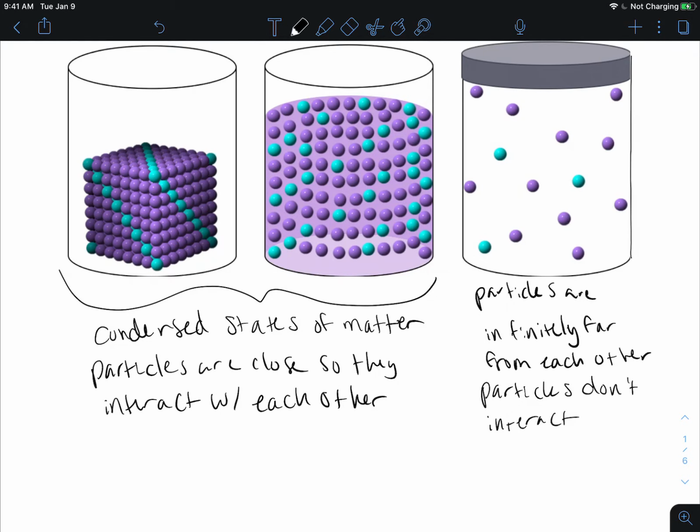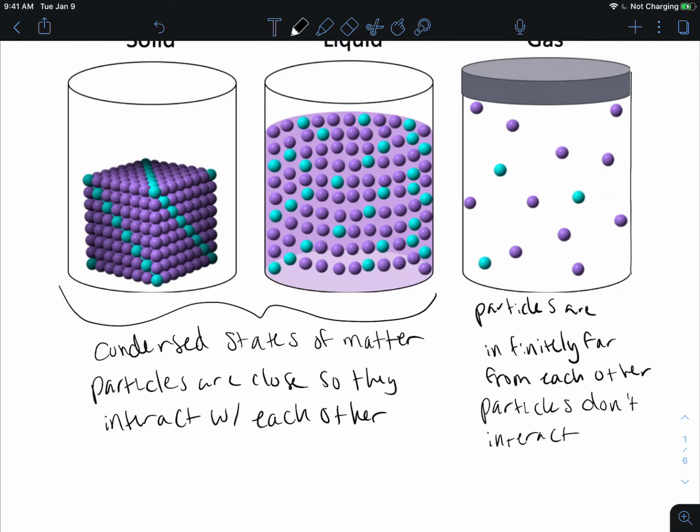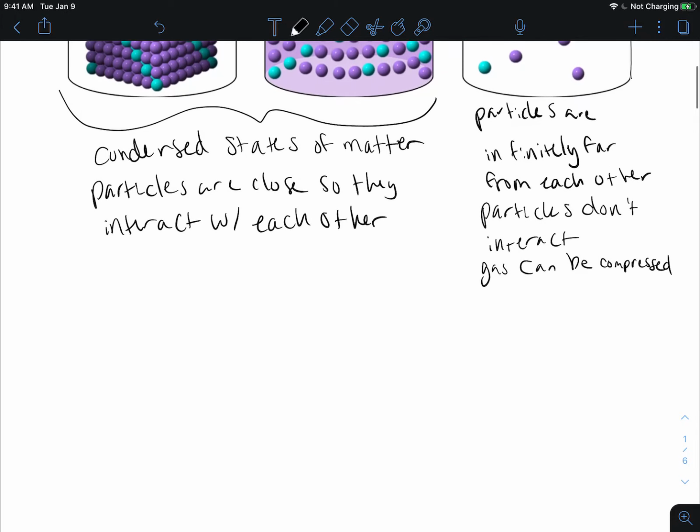Okay, and then when we think about each of these states of matter, because of how close or far things are from each other, our gases are very, very far away from each other, so they can be compressed. So gas particles within a gas can be compressed, while our liquids and our solids cannot be compressed.